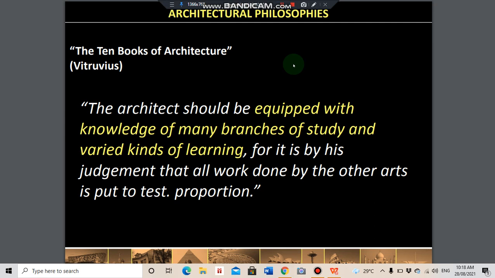So you should be equipped with knowledge of many branches, no? Pag nakatapos kayo ng architecture.